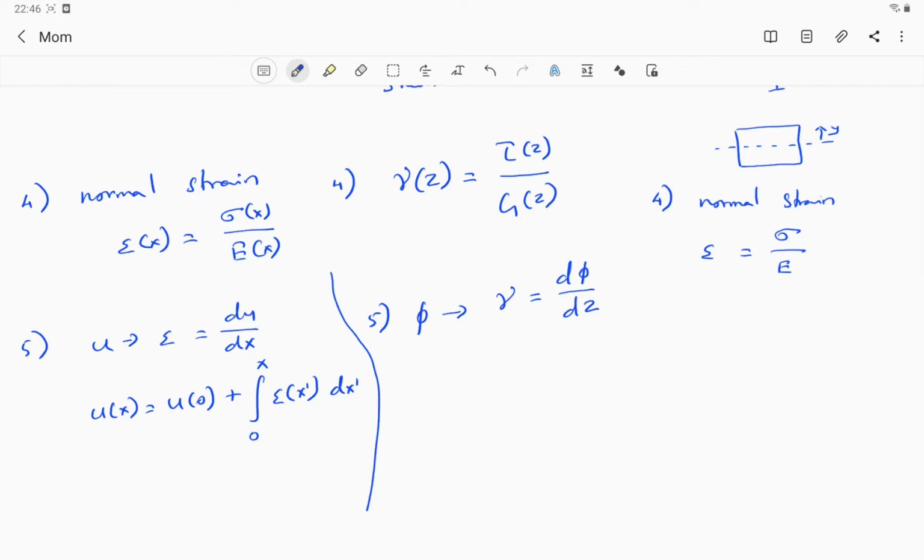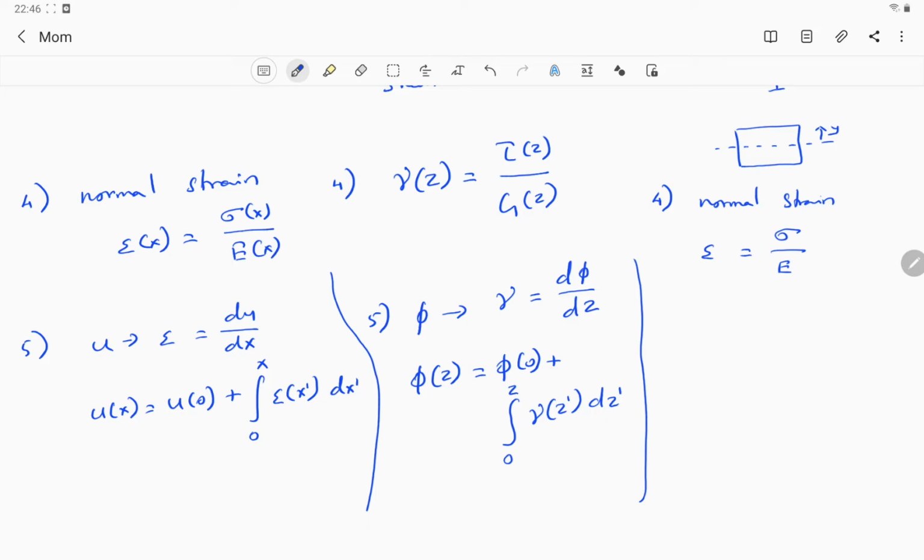Once we calculate this gamma, then using this relation, phi of z is equal to phi of 0 plus, let me put here, integral 0 to z gamma of z prime dz prime. Using this relation we can calculate the angle of twist at different z values.